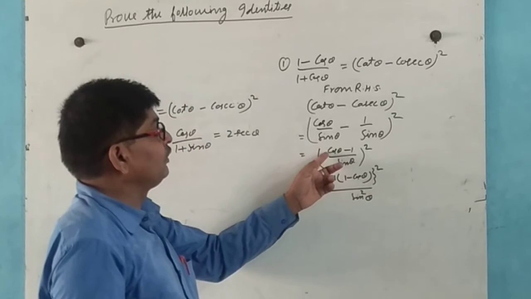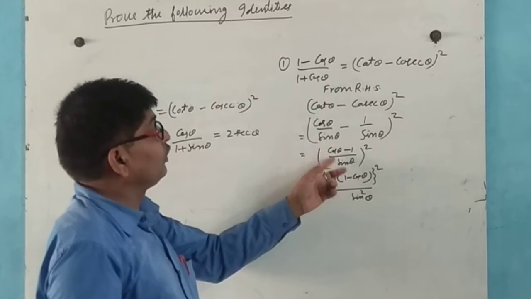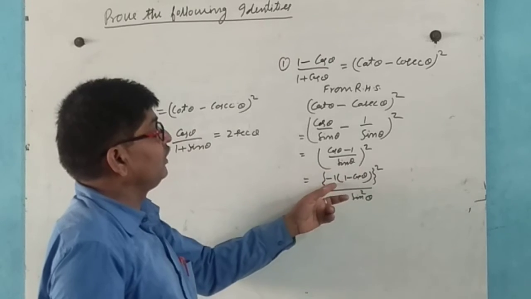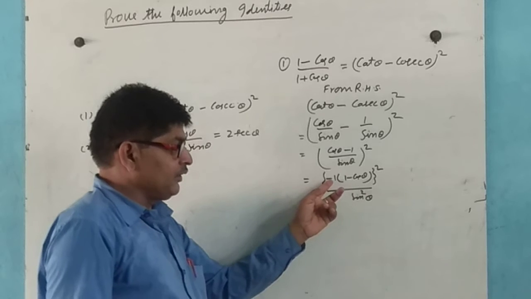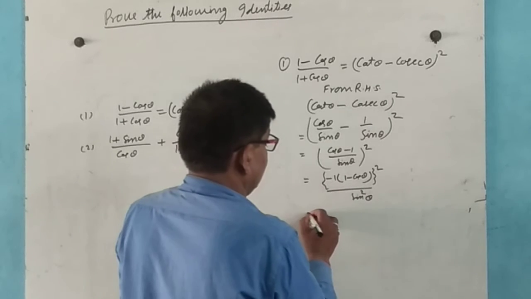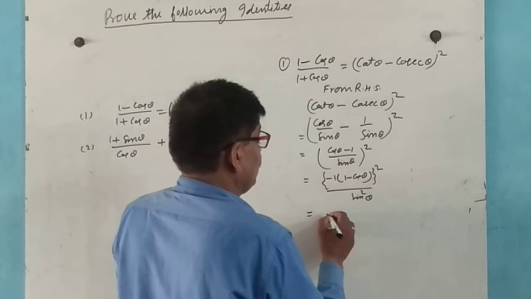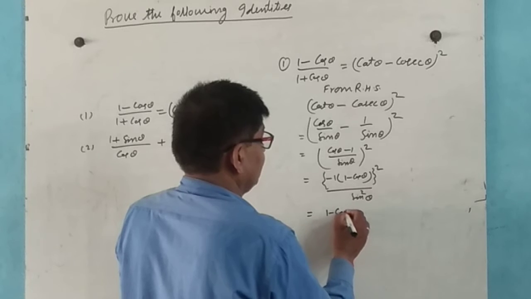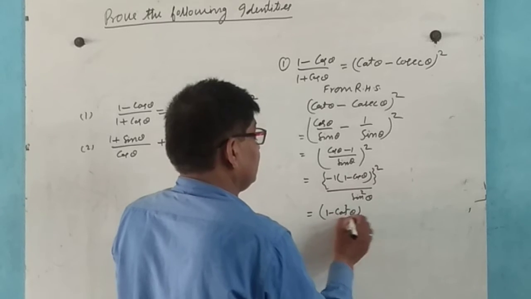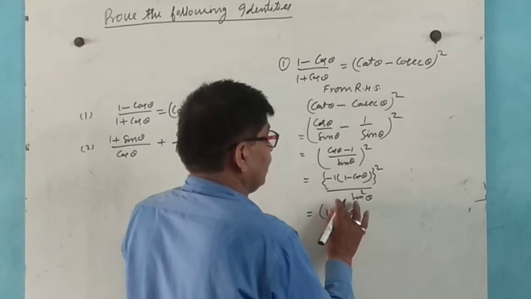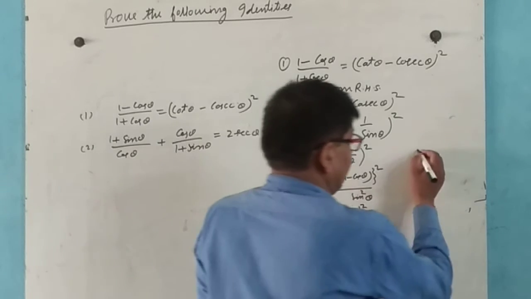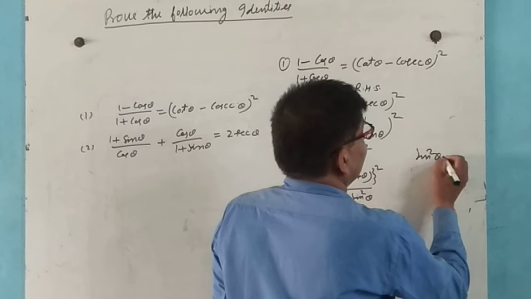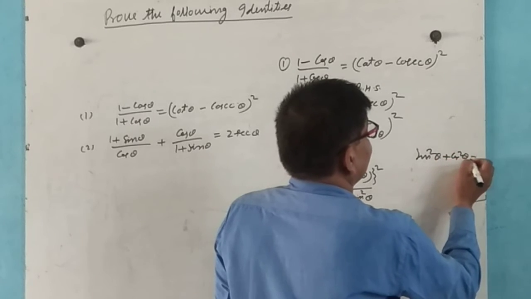Due to the square quantity, the minus becomes plus, and this is equal to (1 minus cos theta) whole square over sin square theta, with sin square theta plus cos square theta equal to 1.